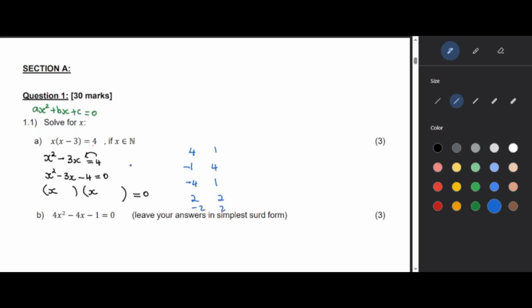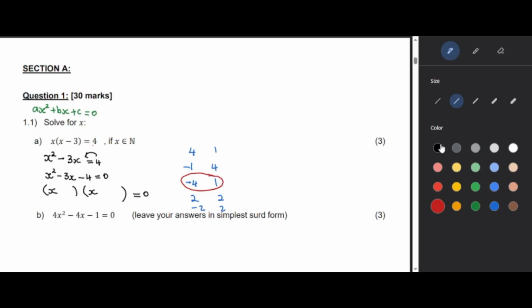You just have to choose the factors that will give us minus 3 when we add them. The factors that give us minus 3 are these, because minus 4 plus 1 gives us negative 3.